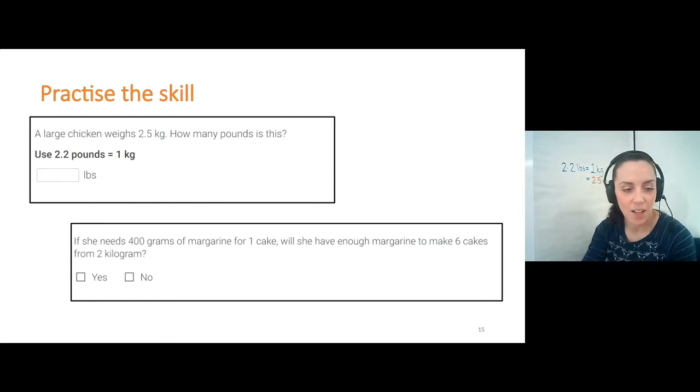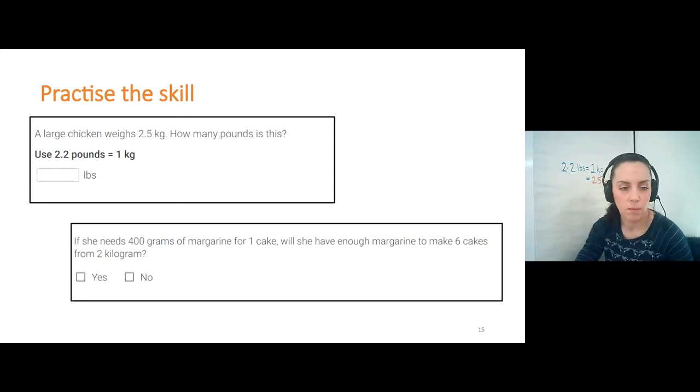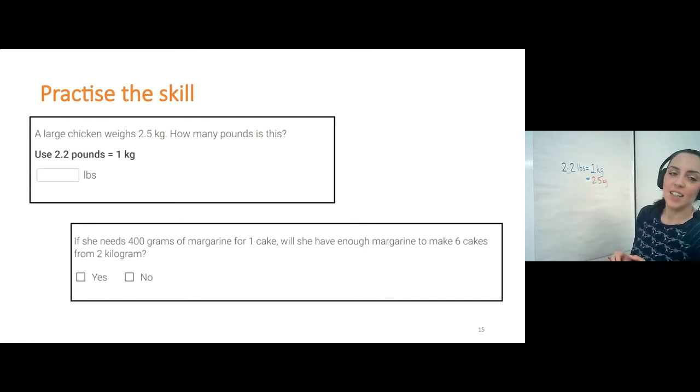Yeah, perfect. Is it the method that you're confused with, Georgie, or this question? Sorry. Don't apologise. Yeah, that's okay. Let's go through the question then.